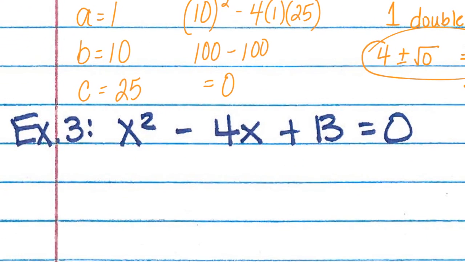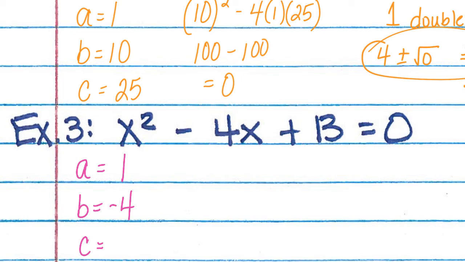All right, let's look on. X squared minus 4x plus 13. So if you want to, push pause, name your A, your B, and your C, and try to solve it.